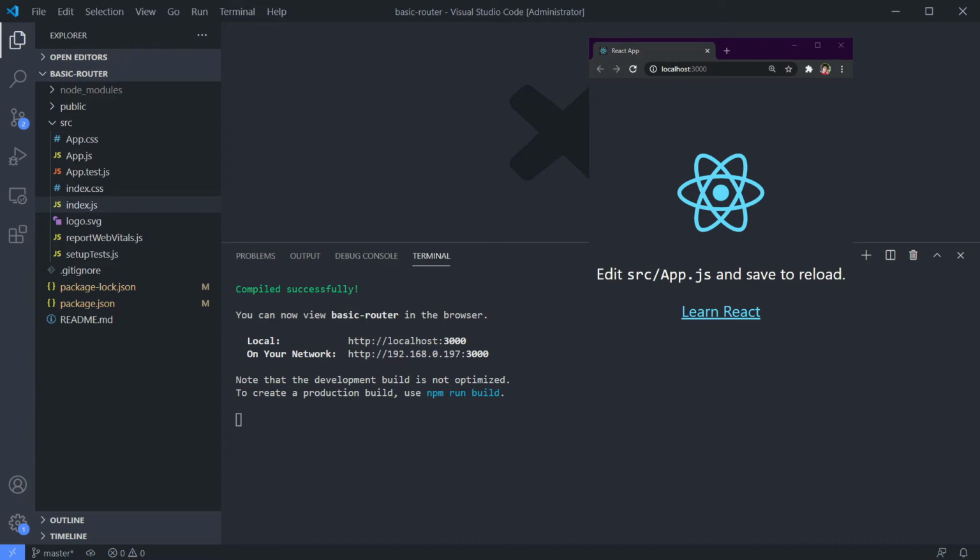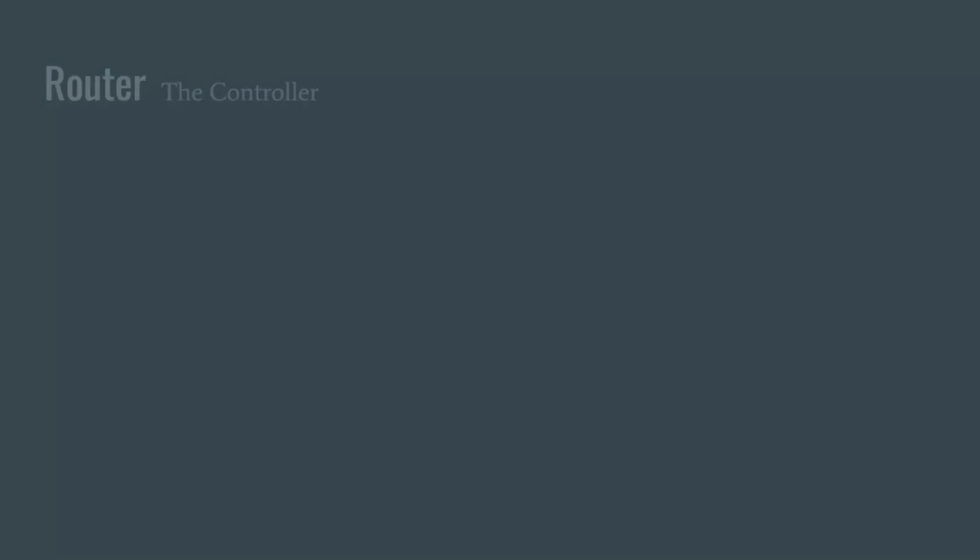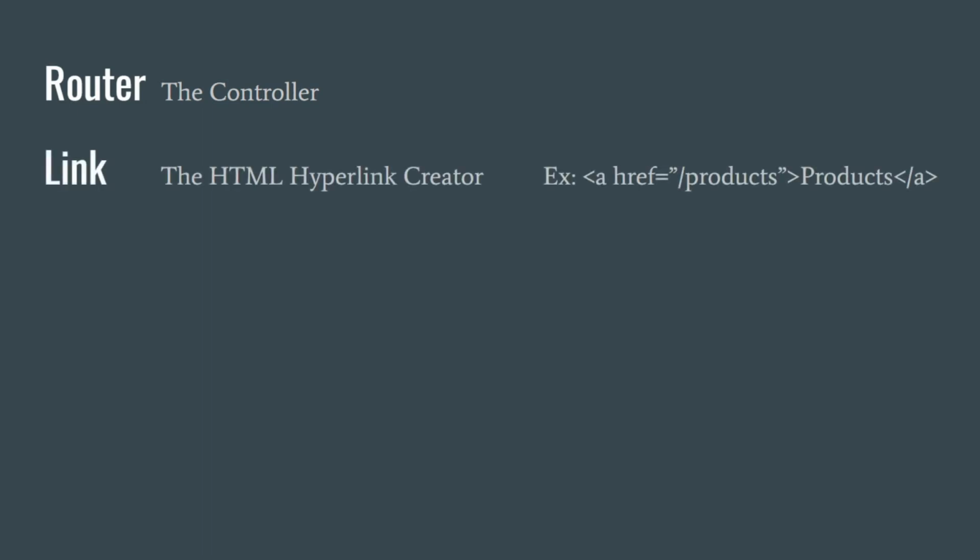To make it easy to understand, I will try to explain the 4 basic components that will be used. Router acts like a controller. Everything related to navigation must be inside of the router scope. Link, creating a hyperlink HTML element.